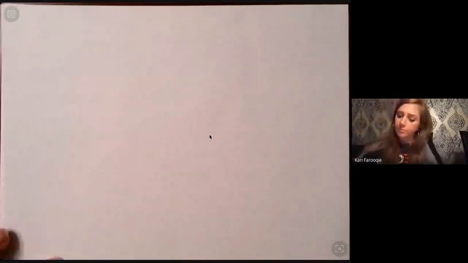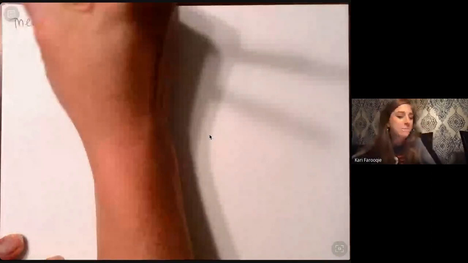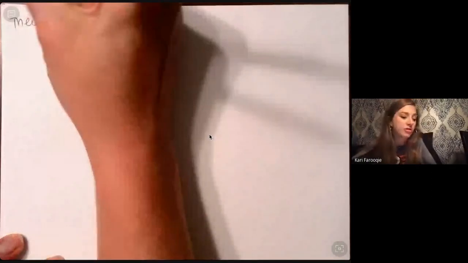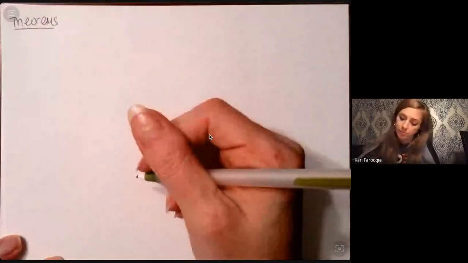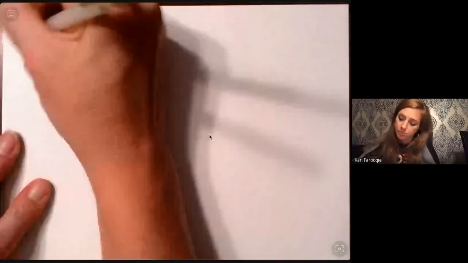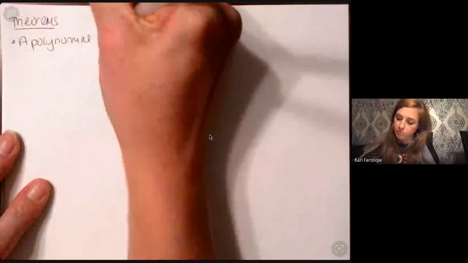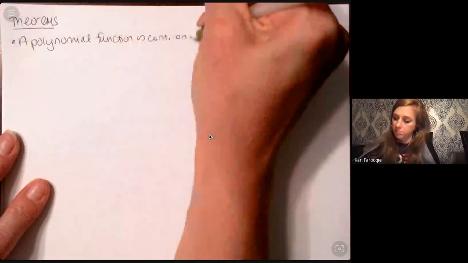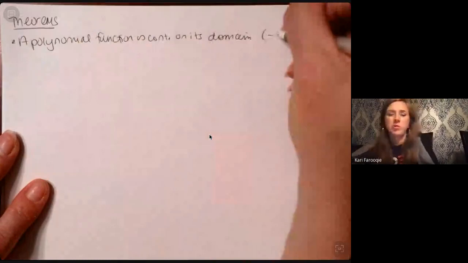Theorems. A polynomial function is continuous on its domain. And its domain is, of course, all real numbers because it's a polynomial.